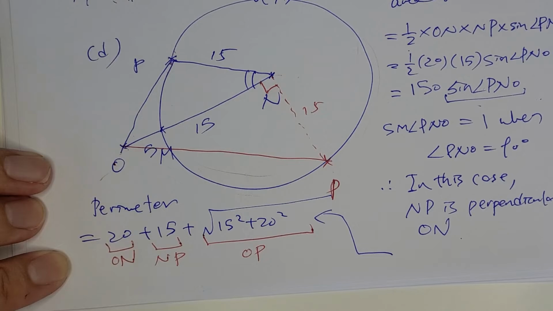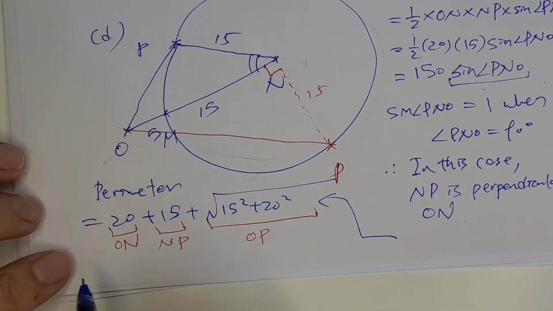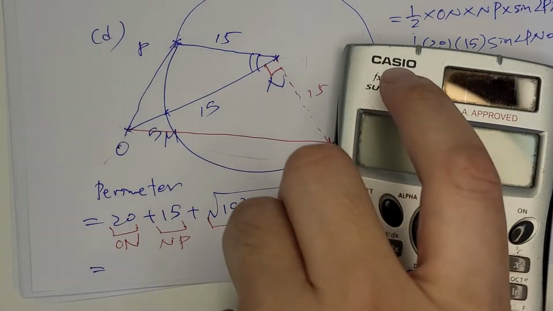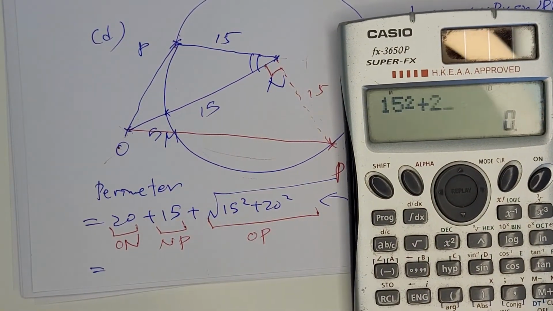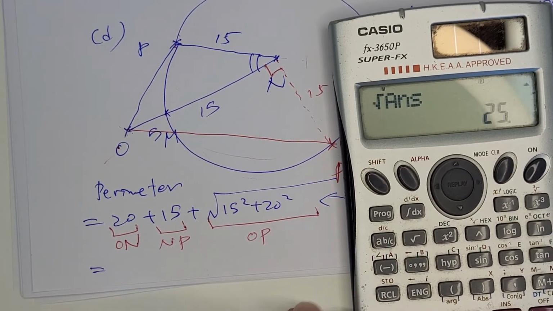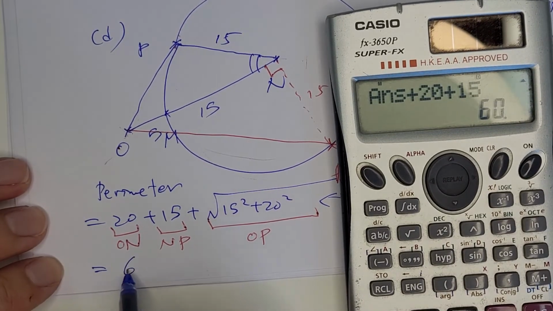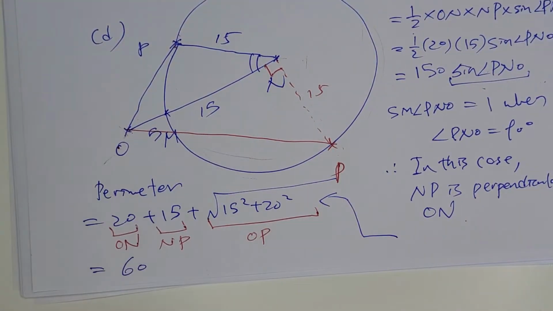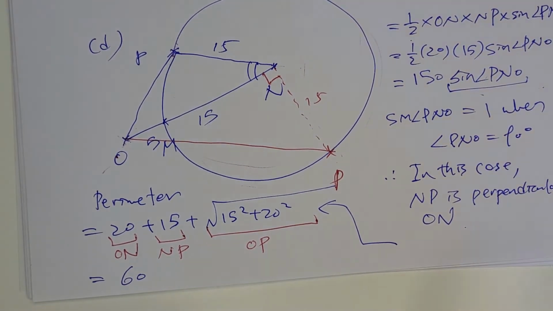That's OP, the hypotenuse of this triangle. So finally, you will get 15 squared plus 20 squared, take the square root, 25. 25 plus 20 plus 15, 60. Final answer, 60. The corresponding perimeter would be 60. And that's the end of question number 4.